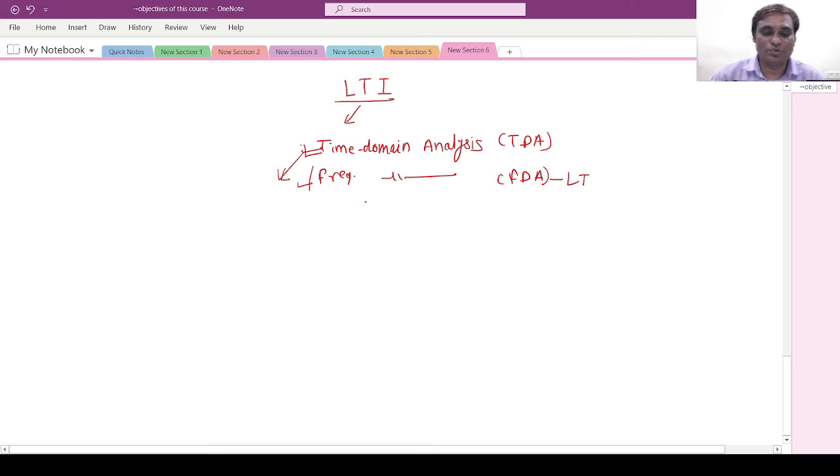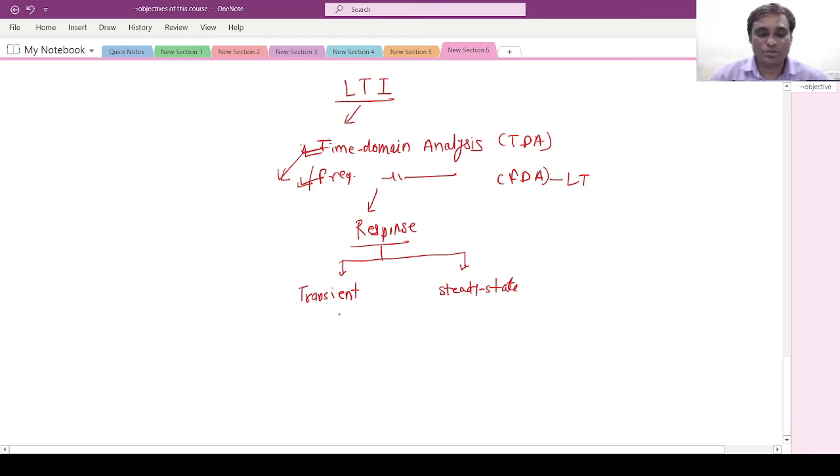Now we can solve the equation using time domain analysis or frequency domain analysis, and solving means we are finding the response. Generally the response will be divided into two types: one is the transient response, and the second is the steady state response.